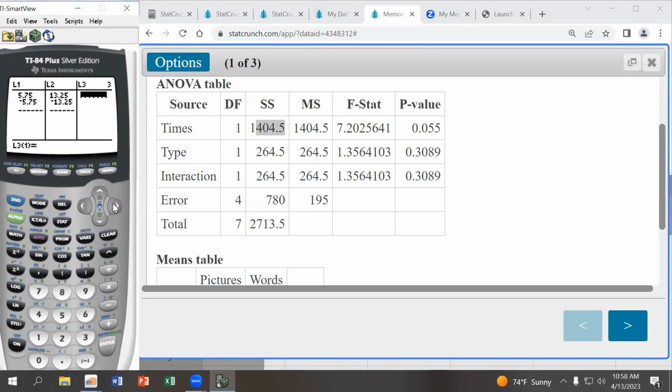I want you to enter every single observation that we have in the tables. Use one variable statistics and tell me what the variance is. So we have in total 2, 4, 6, 8 observations. Put all the 8 observations in list 3 and tell me what the variance is.